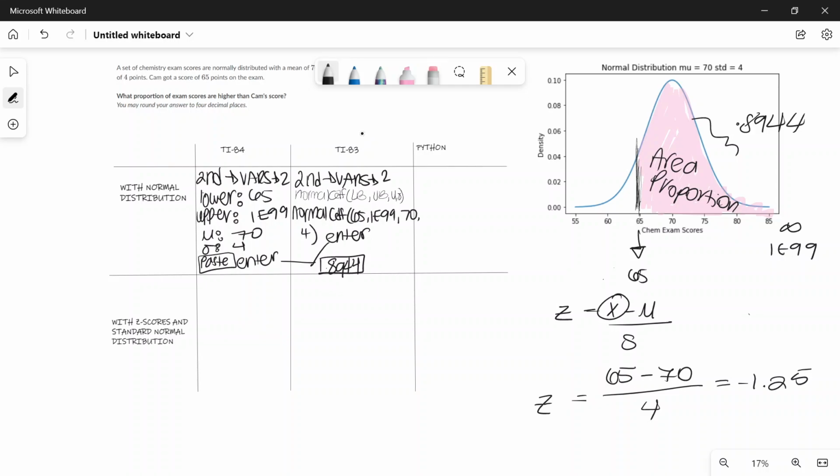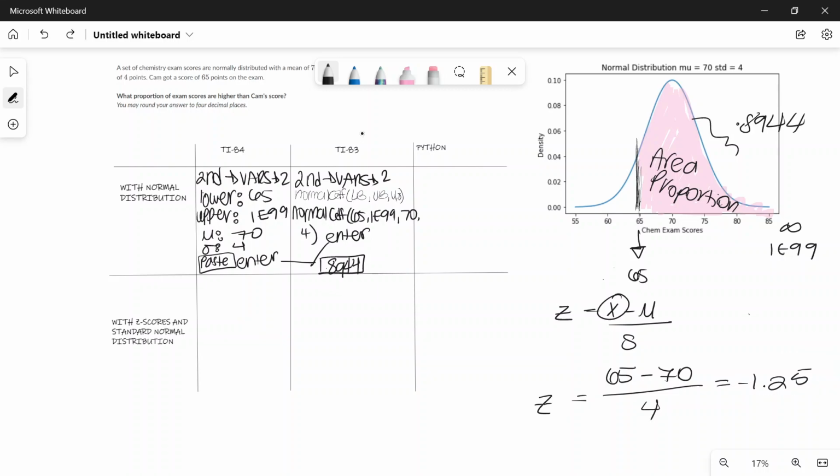Okay, so here is the thing. I'm not sure right now if I keep the negative or not. I'll get back to you on that. After we do it, we'll see if it's the same answer. So basically, this is our z-score.